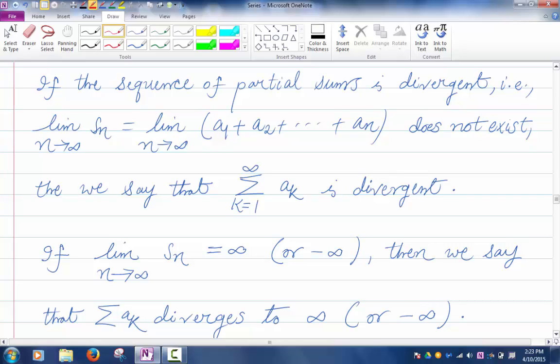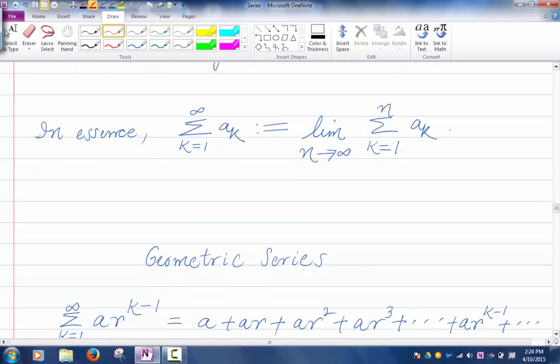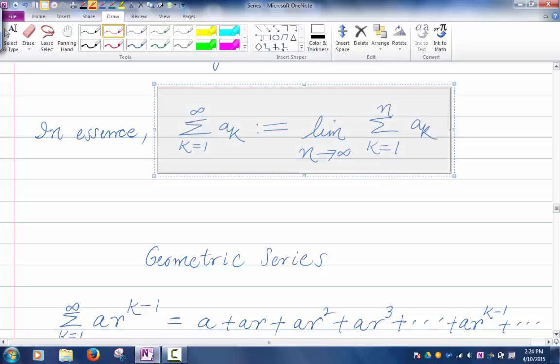So now we have a definition of what it means to say that a series has a sum. What is the essence of everything that we said? The essence is the meaning of an infinite series, the sum from k equals 1 to infinity of ak. The meaning of that series is that it is the limit as n goes to infinity of the sum of the first n terms, the nth partial sum.